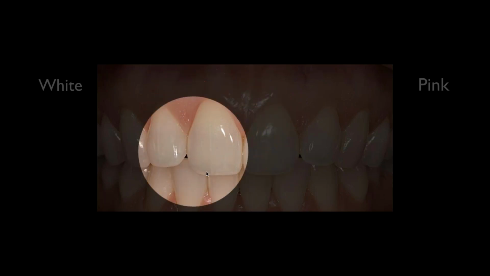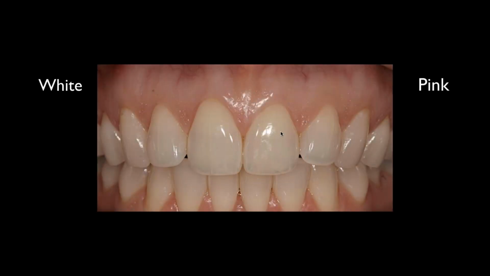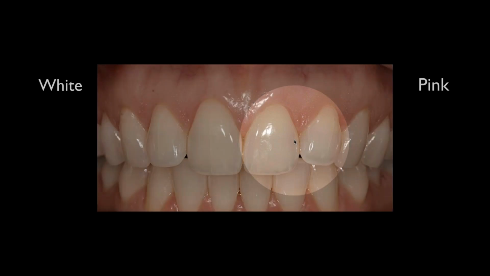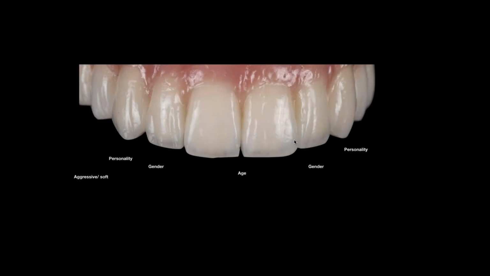The larger tooth always appears brighter, where the shorter, dumpier tooth will always appear darker and warmer. The only way to fix that would be a gingival graft or crown lengthening. Which one is better for the patient? That's up to them. Although obviously the crown lengthening will be the simpler procedure and give us more space to work the restoration in. So all these little communication tools are really important for you.